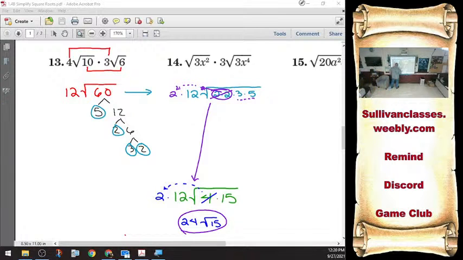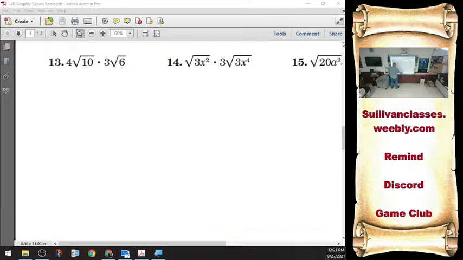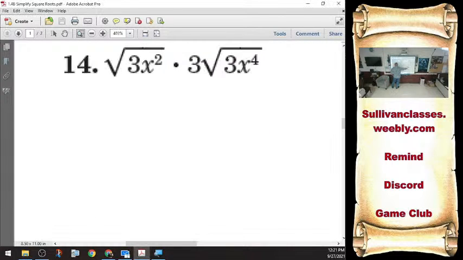So, the only thing different now is I might multiply them, or I might have variables. So, outside with outside.